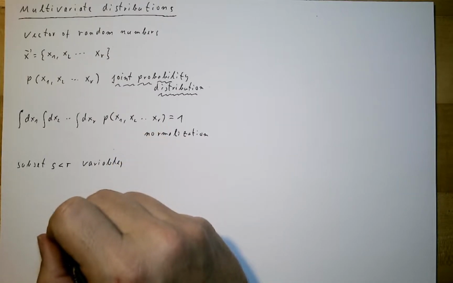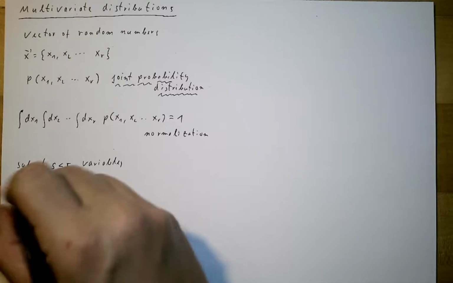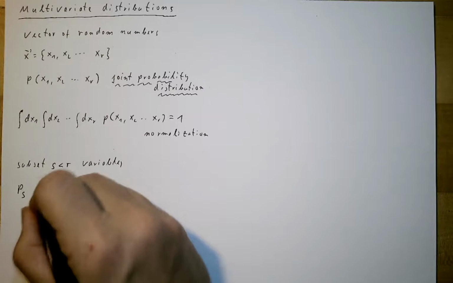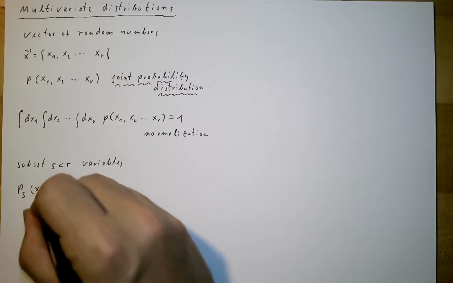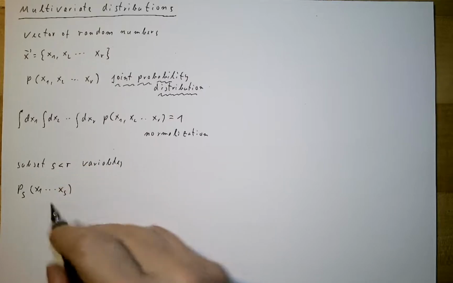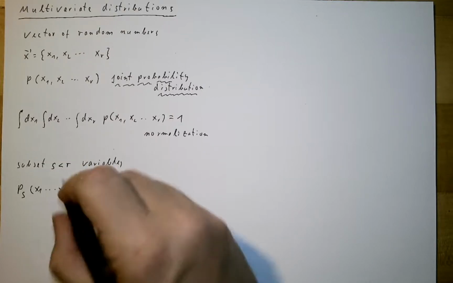Then we can define a marginal distribution, which depends only on x1 until xs, the first s variables.